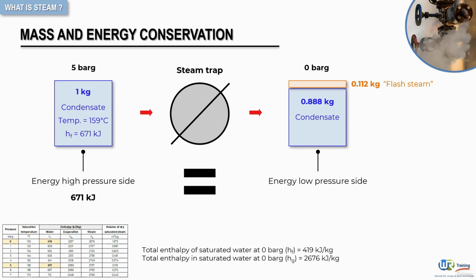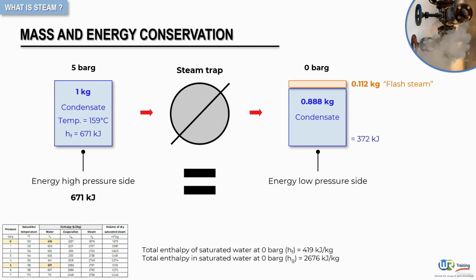Therefore, at the lower pressure state of 0 bar gauge, the total enthalpy in the water equals the mass of the water times the total enthalpy of saturated water, so 0.888 kg times 419 kJ per kilogram. This gives 372 kJ.